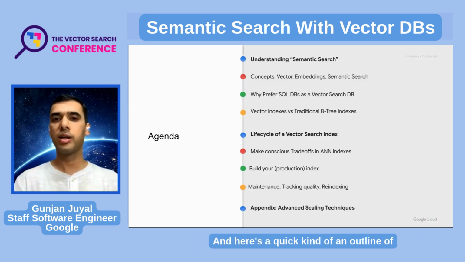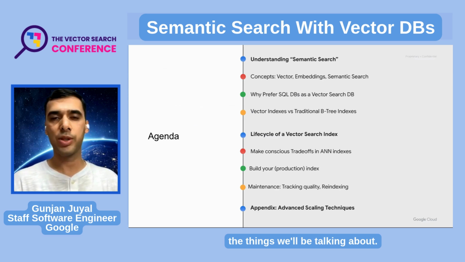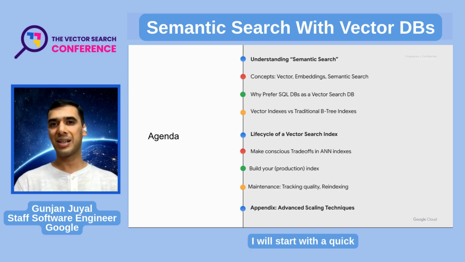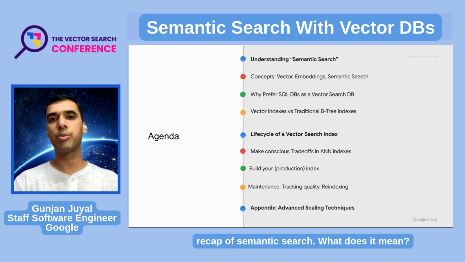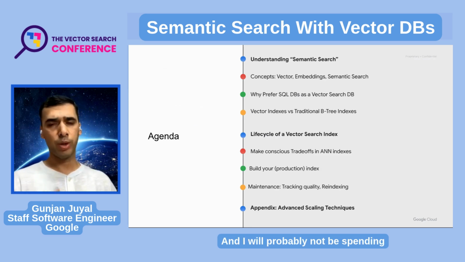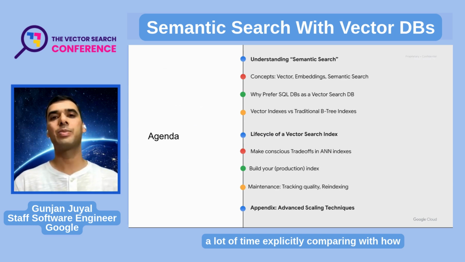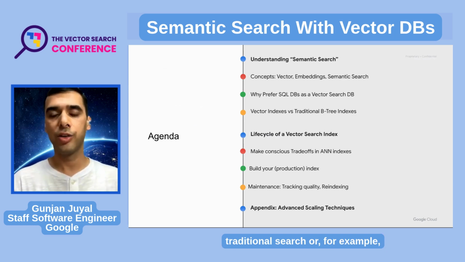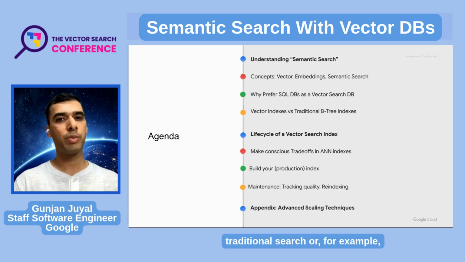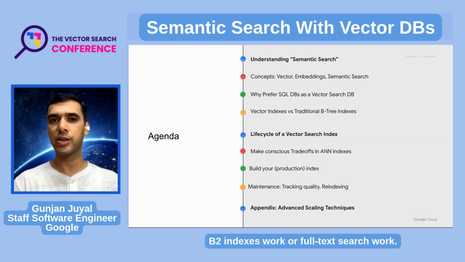Here's a quick outline of the things we'll be talking about. I will start with a quick recap of semantic search. What does it mean? I will probably not be spending a lot of time explicitly comparing with how traditional search, for example, B-tree indexes or full text search, work.